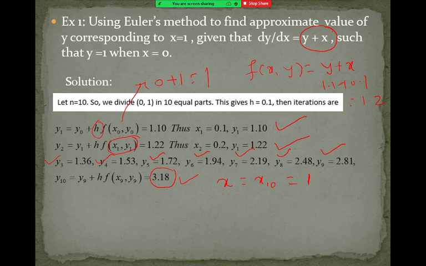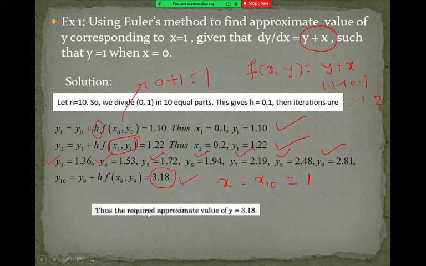Actually, we want the value of y at x equal to 1. The final answer is: thus, the approximate value of y is 3.18 after the 10th approximation. Is it clear? So this way you have to complete the question.